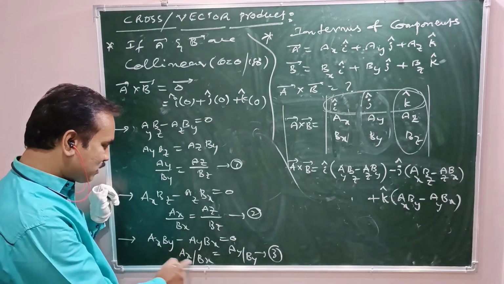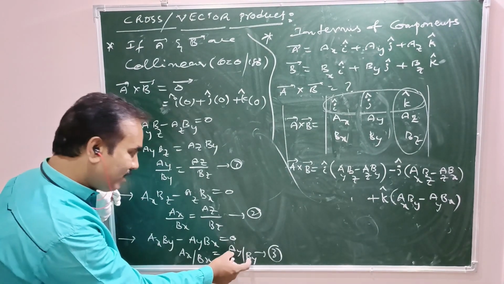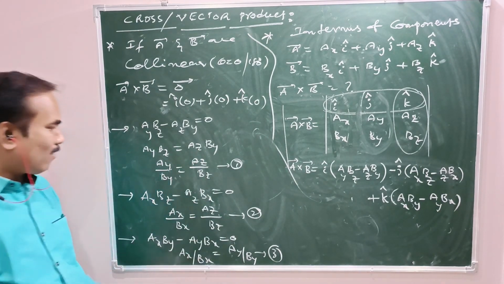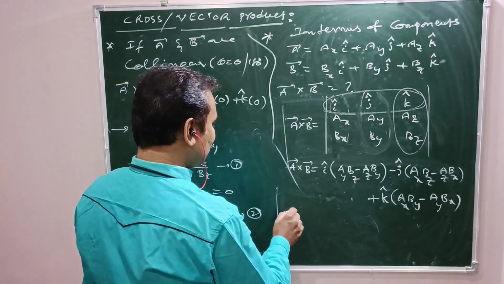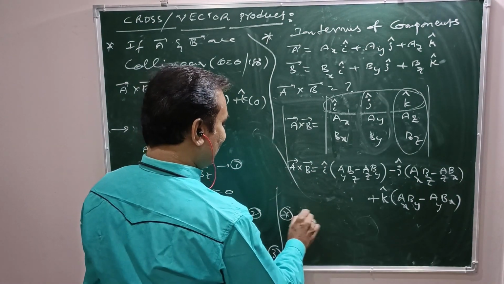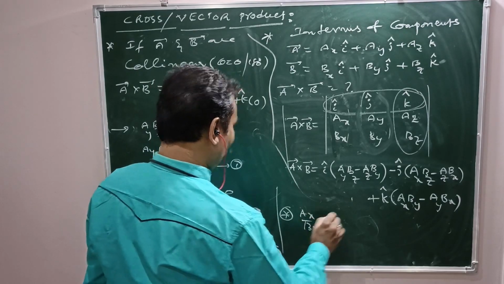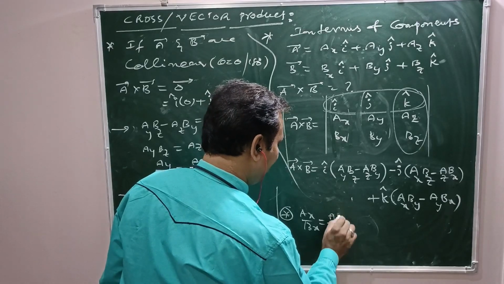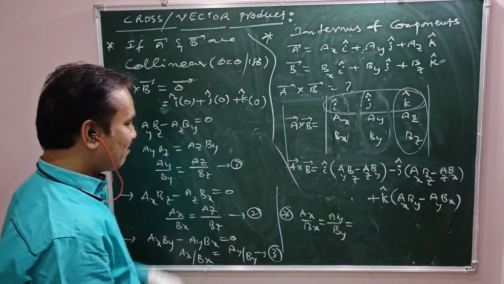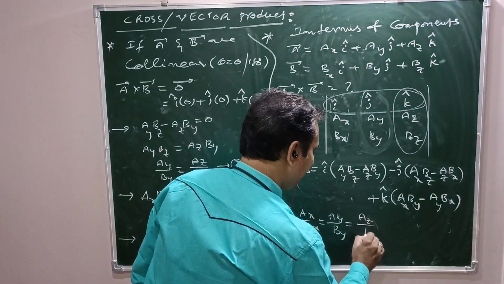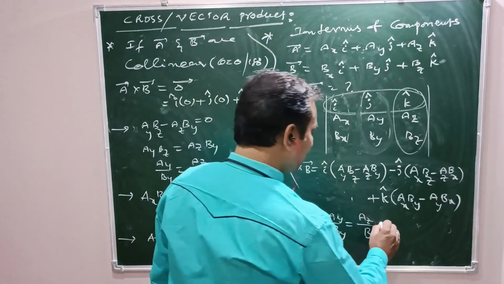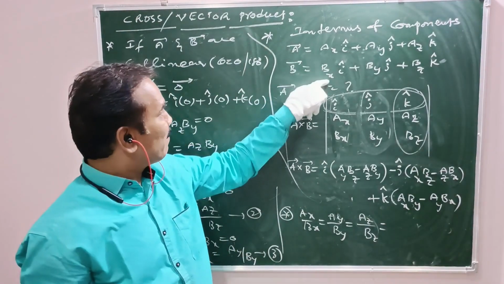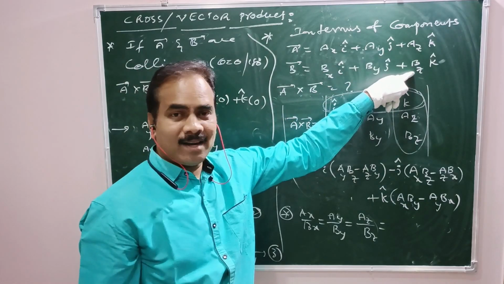See once again, ax by bx equals ay by by, which is equal to az by bz, which is constant. See, the ratio of similar components, ax by bx equals ay by by equals az by bz, which is constant.